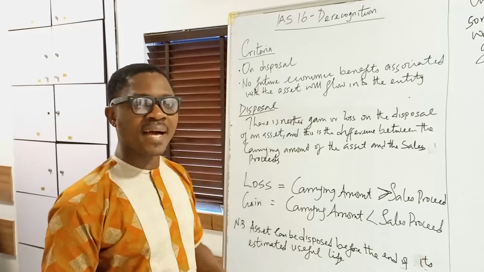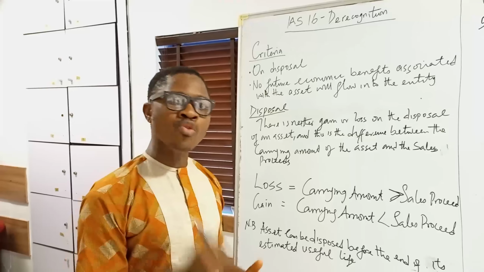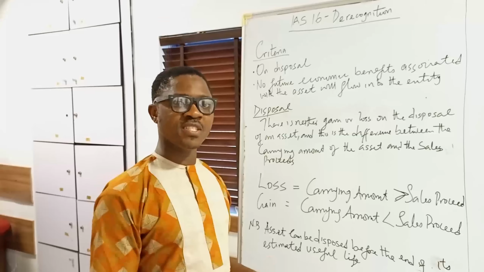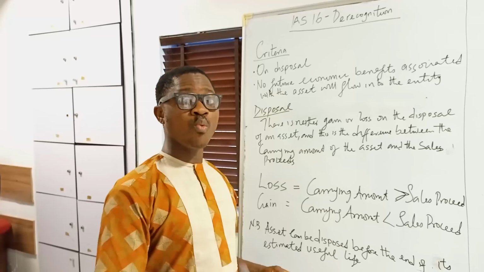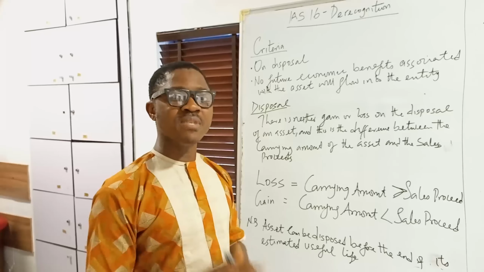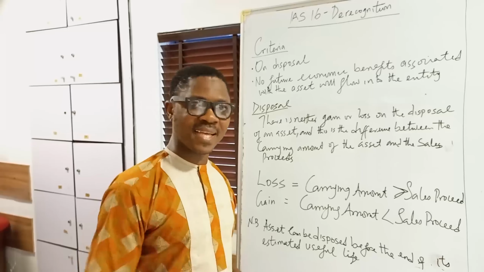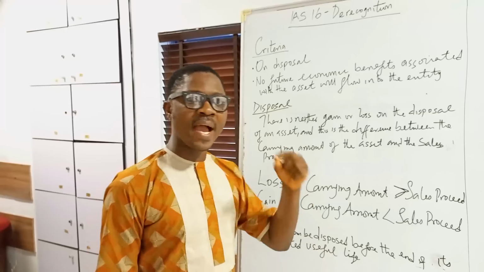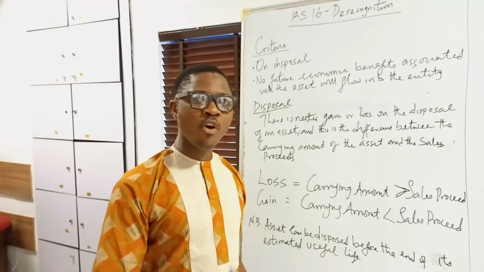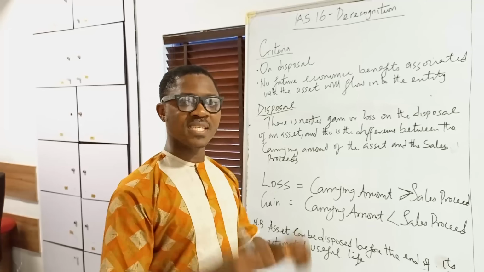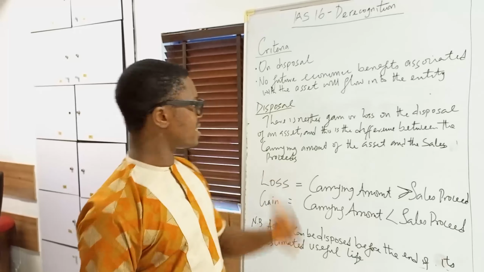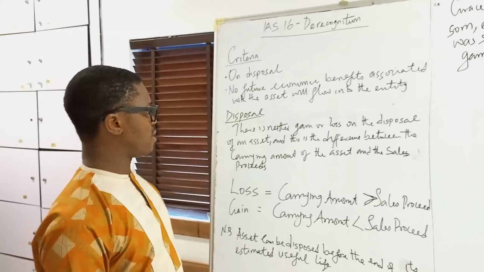But for derecognition, we are saying that no future economic benefit associated with this asset will flow into the entity. So the moment we have ascertained that no future economic benefit will flow into the entity, that means the asset should be derecognized.